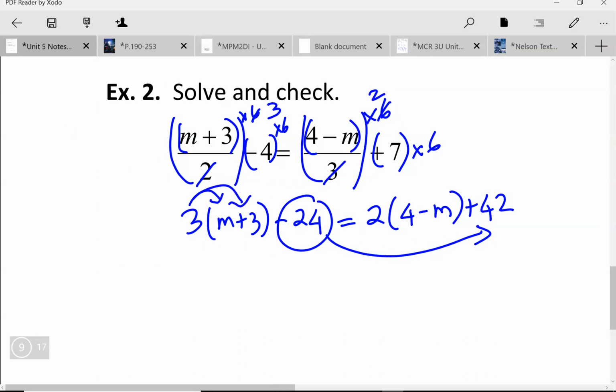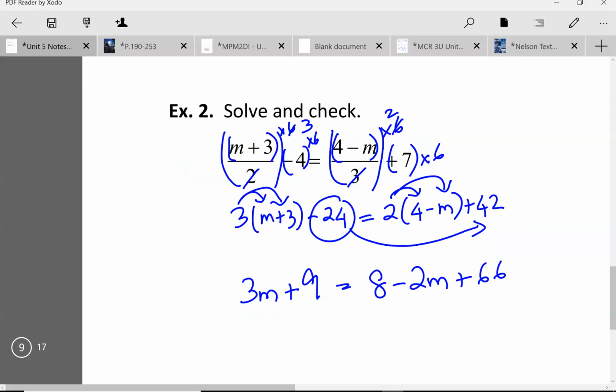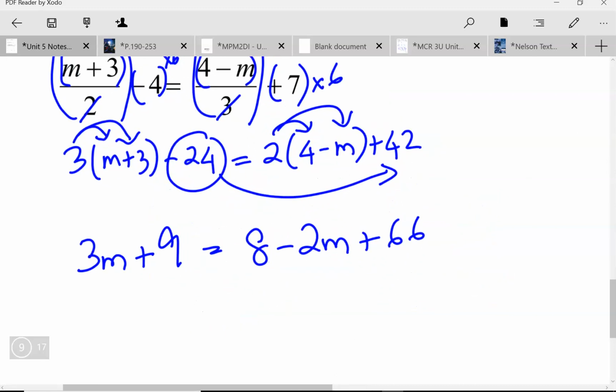But I will, on the same step, actually do some expansion. 3m plus 9 equals 8 minus 2m plus 66. Again, you could have expanded and combined stuff with the 24 before you moved it. Again, there's going to be an infinite number of ways to do this.